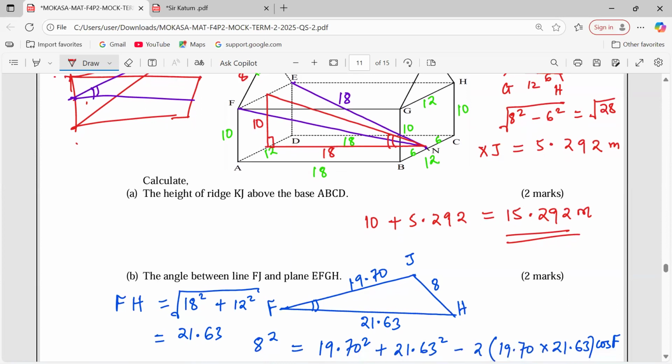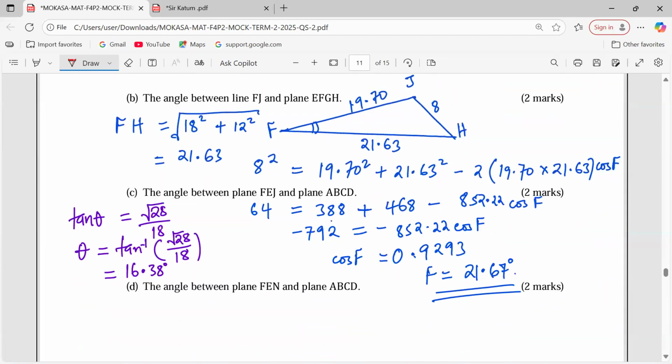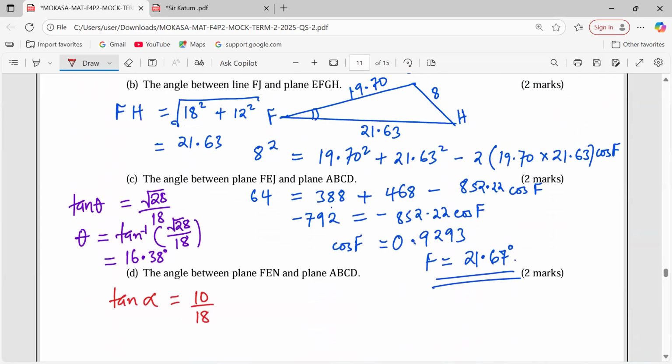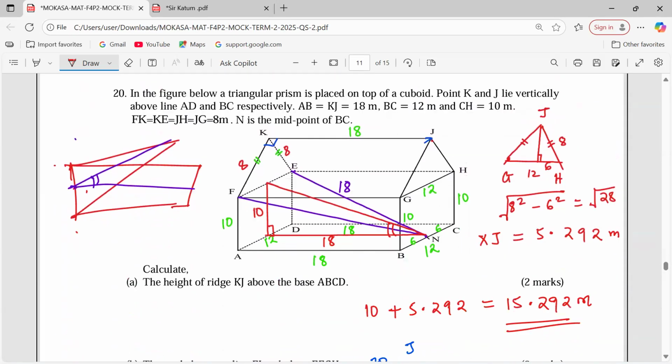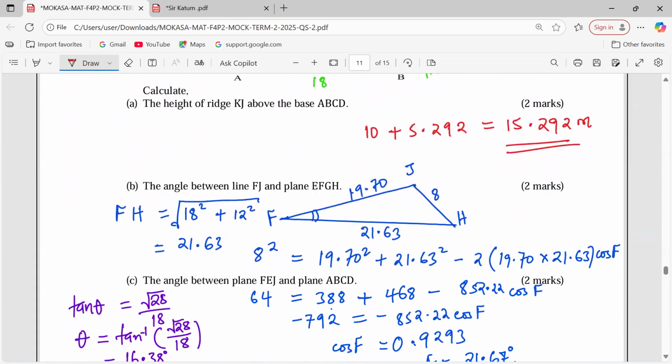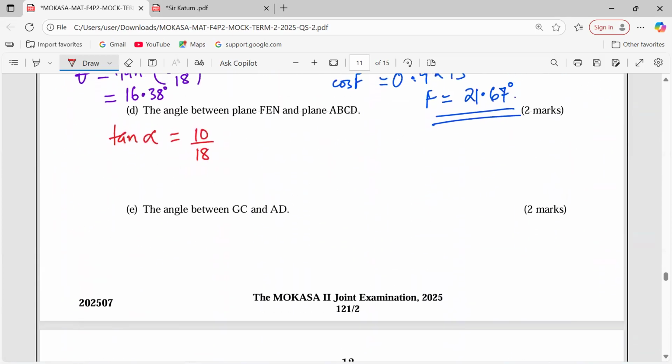So how can we get this angle? Again, tangent. The tan of the known angle will be given by opposite out of adjacent. With the angle at this point, the opposite is 10, adjacent is 18. So we need the angle by taking the tan inverse of 10 over 18.